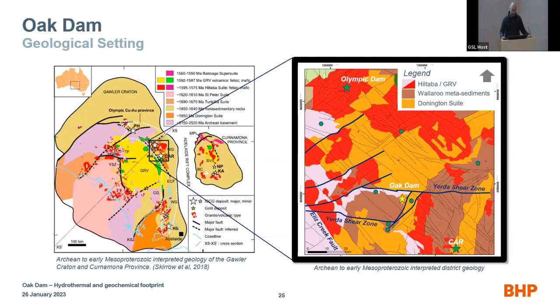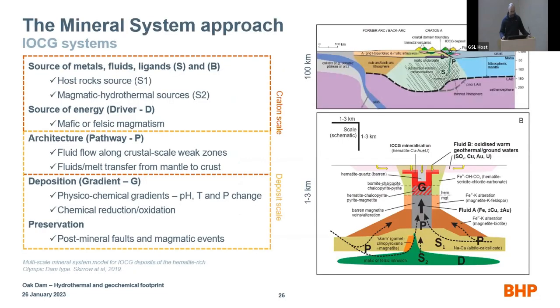And these two units have been intruded and covered by the large igneous event of the Hiltaba granites and Gawler Range volcanics at about 1.59, 1.6 billion years old. This is not the focus of this talk, but the reference for this paper is on the screen. It's Roger Skirrow from 2019.